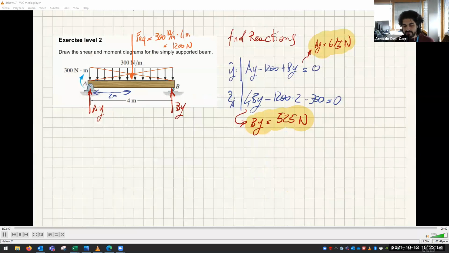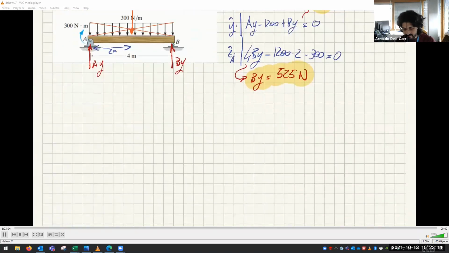Apparently, we don't have any concentrated load. This equivalent load does not exist. It only exists when we do equilibrium. But what is there is a distributed load. So we don't need more than one segment.